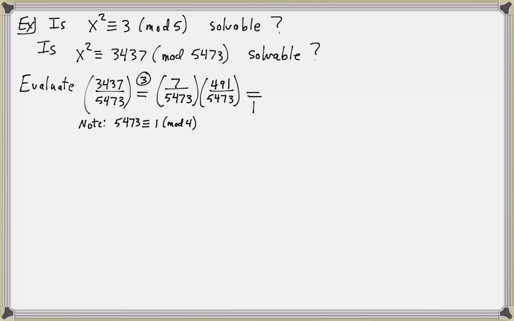Well, now we can use the law of quadratic reciprocity to flip these Legendre symbols, because 7 and 491 are both prime, and since 5,473 is 1 mod 4, I can flip these Legendre symbols, and I don't have to put in a minus sign. So when I flip them, they'll both be equal.